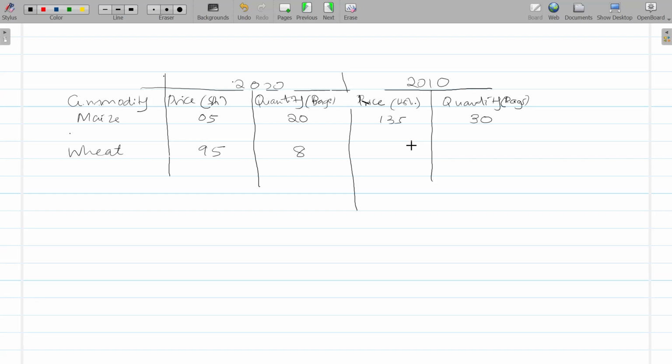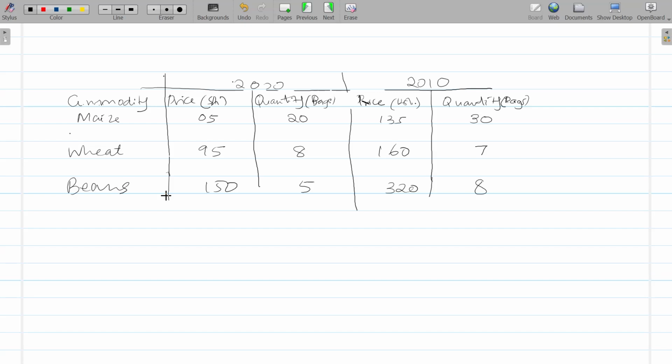Then the second commodity is wheat, which is 95 in 2000, and the quantity is 8. 160 in 2010, 7. Then beans, 150, 5, 320, 8. So that is our table.